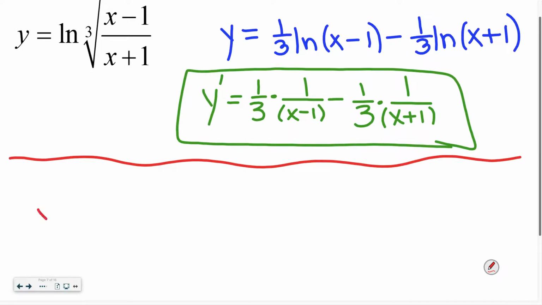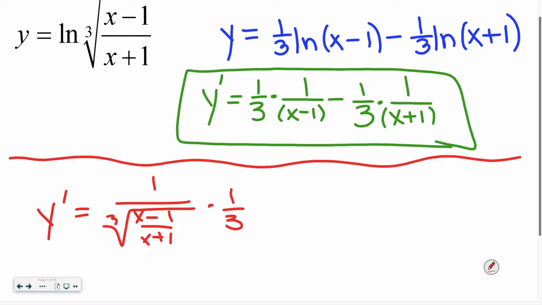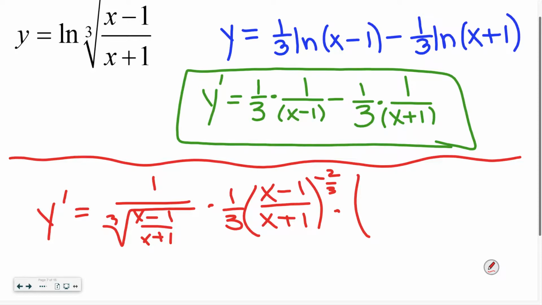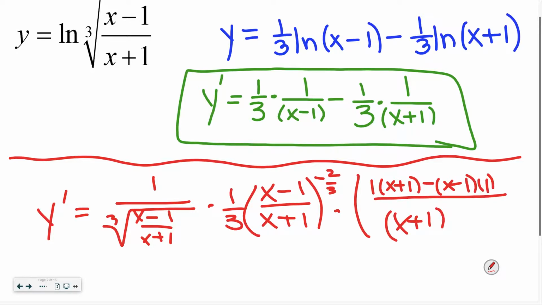If we didn't expand it, y prime would be 1 over the cubed root of x minus 1 over x plus 1 times chain rule 1/3 times the inside raised to the negative 2/3 power times chain rule, the derivative of the inside, 1 times x plus 1 minus x minus 1 times 1 all over x plus 1, the quantity squared. That would be the derivative if we didn't expand.